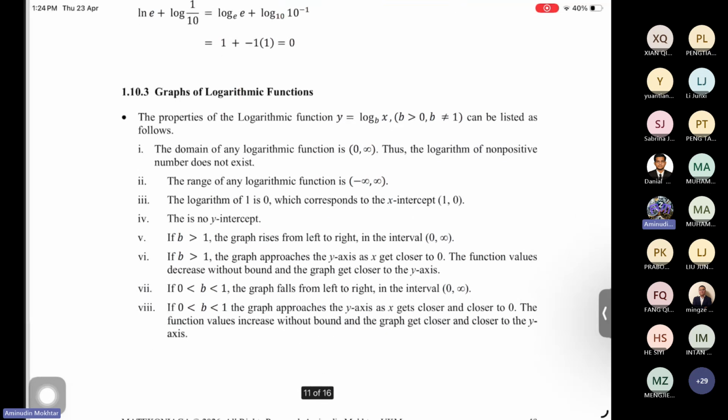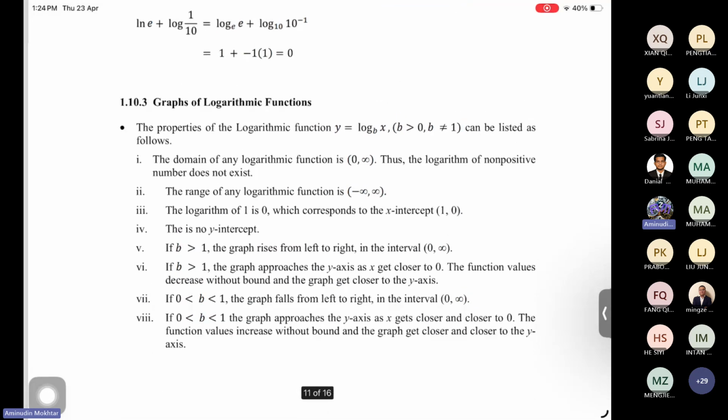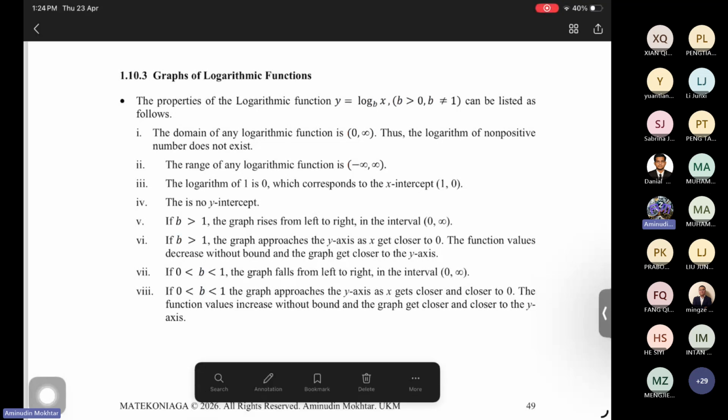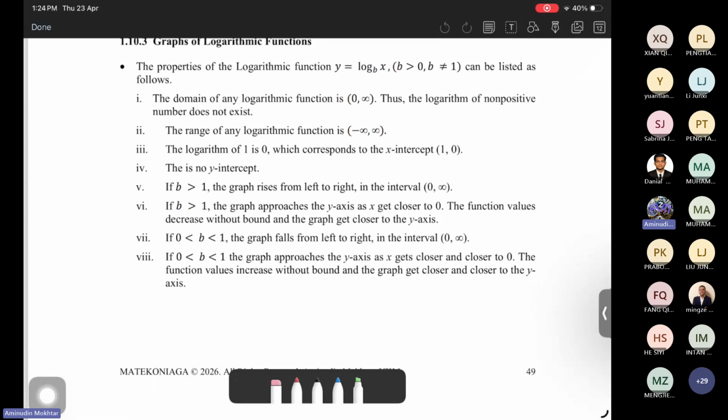Okay, the next one is about the graph of the log function. As I said earlier, the log is the inverse of the exponential. So we can imagine that the graph of log is an inverse of the graph of the exponential.